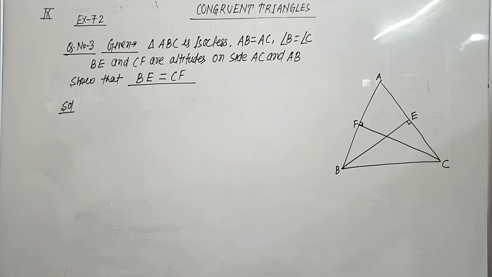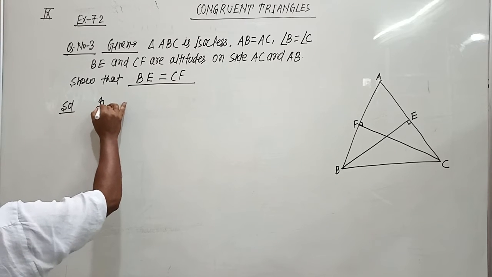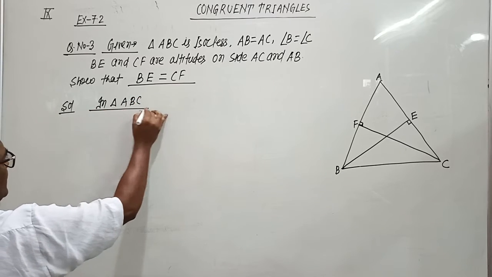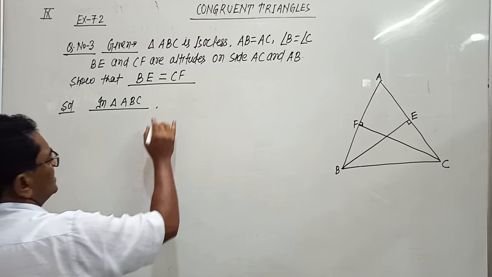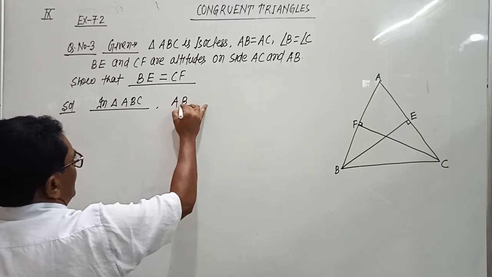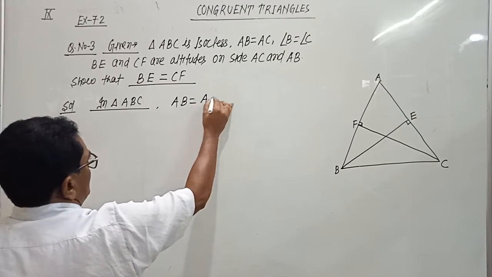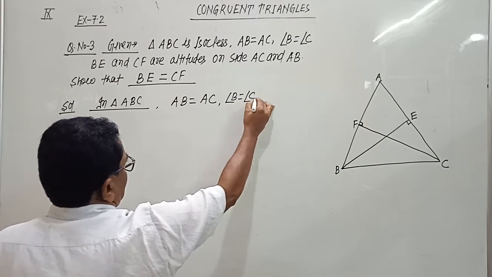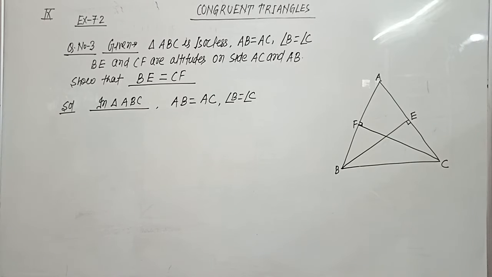So, in triangle ABC, we have given that triangle ABC is isosceles. It means side AB equals AC and angle B equals angle C, because triangle ABC is isosceles.